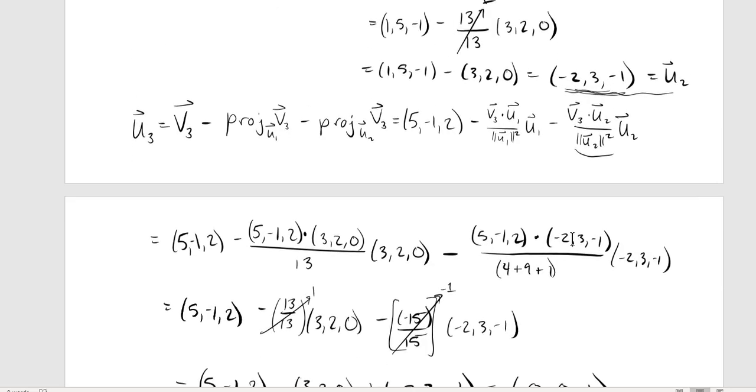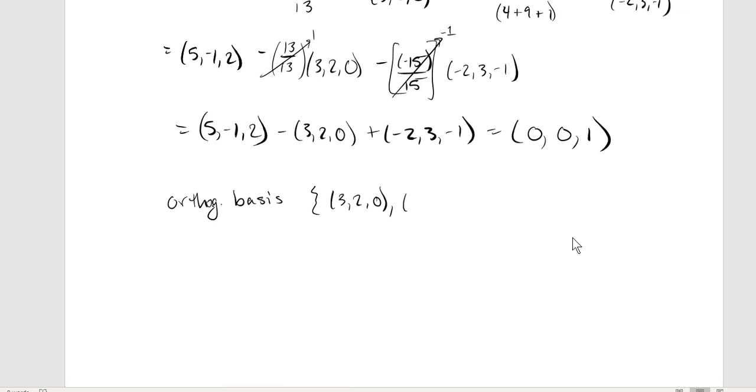U2, which is negative 2, 3, negative 1. And finally U3, which is 0, 0, 1. To make this an orthonormal basis, we just normalize each vector, divide it by its own length.